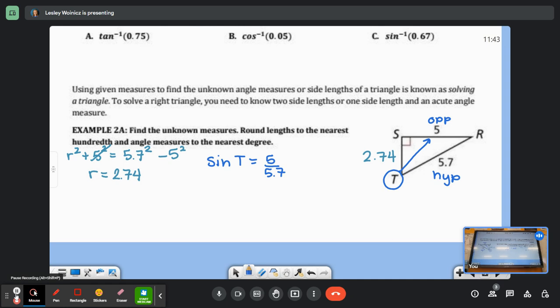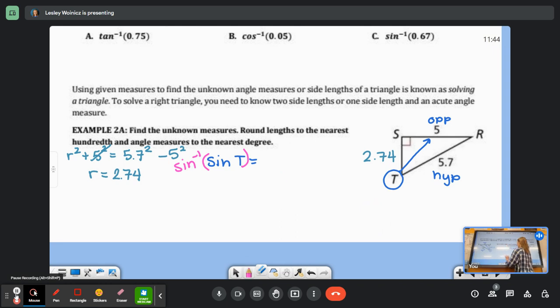So my question for you is, how do we undo taking the sine of T? Just like we undo multiplying with dividing, just like we undo adding with subtracting, we can undo the sine. This is a function. So in order to undo the sine, we have to do the inverse sine. And if we take the inverse sine of that side, we have to take the inverse sine of this side.